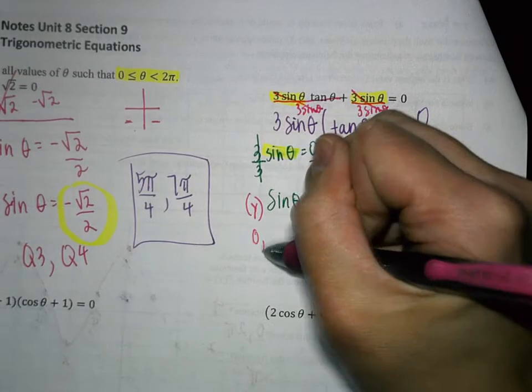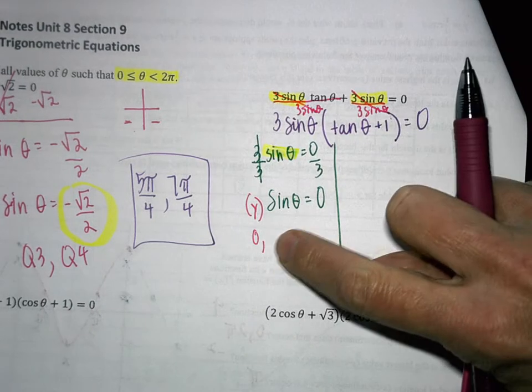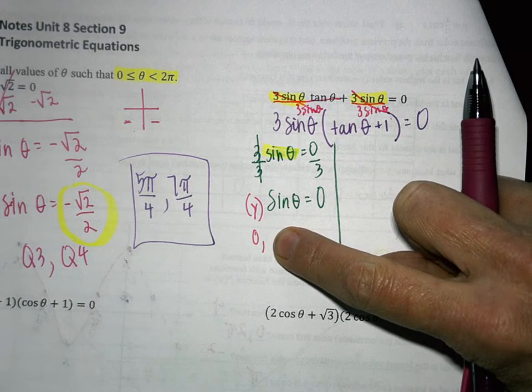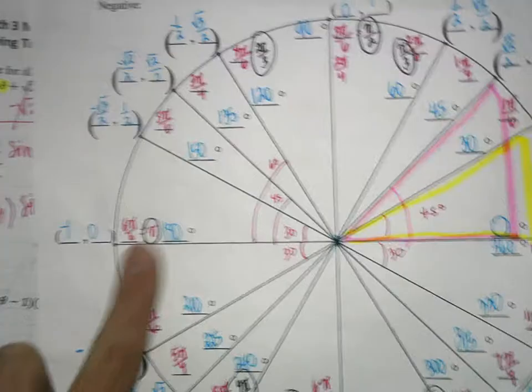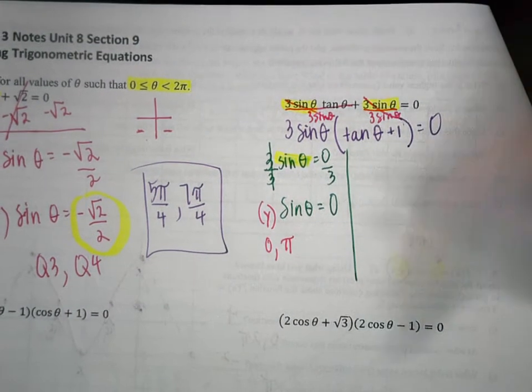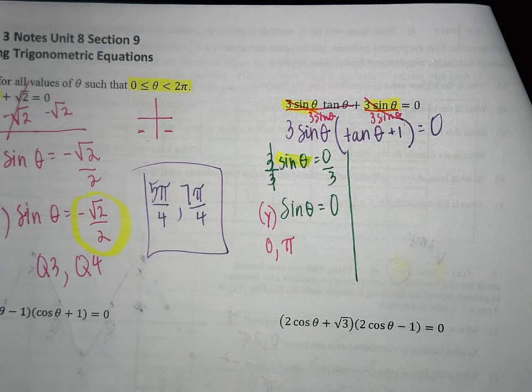Oh, it says less than 2 pi, so we're just going to do 0. If you wrote 2 pi, I wouldn't mark it wrong though, so just 0. And then y is also 0 at pi. Okay, so those are my answers for this part.